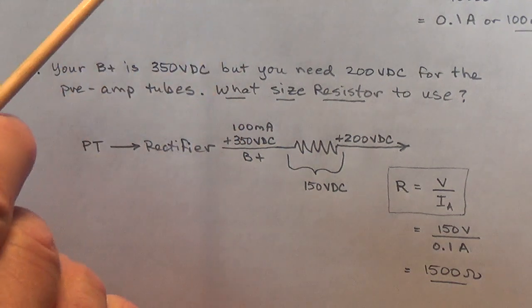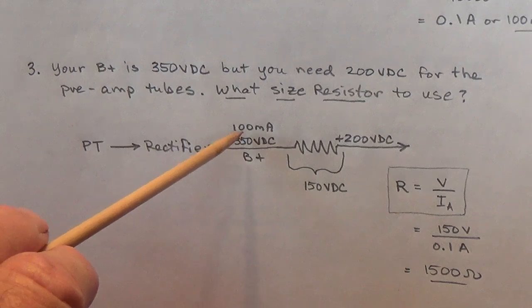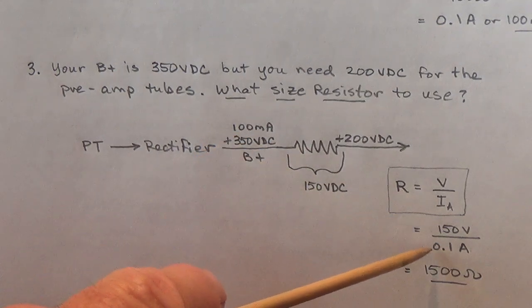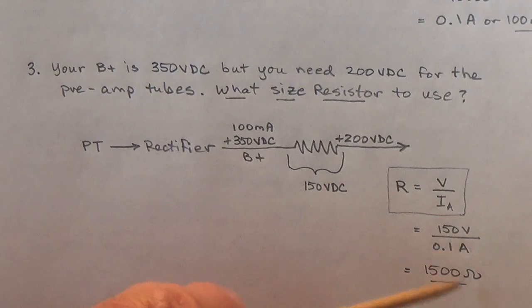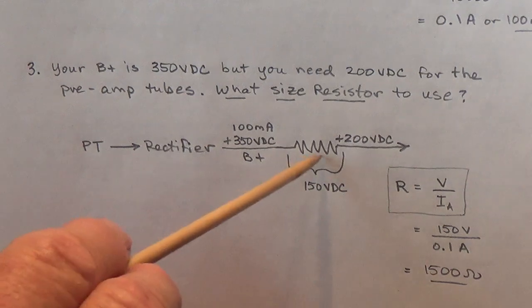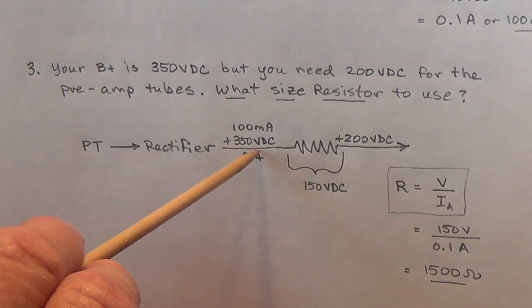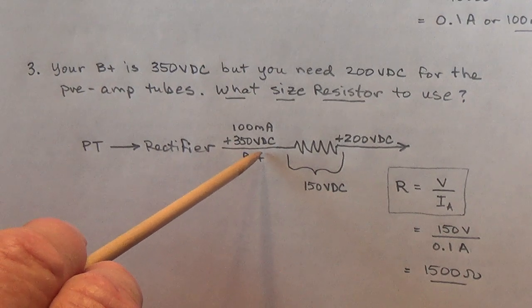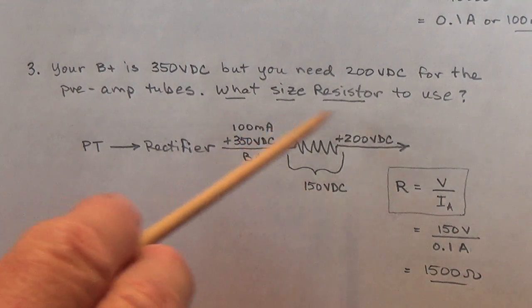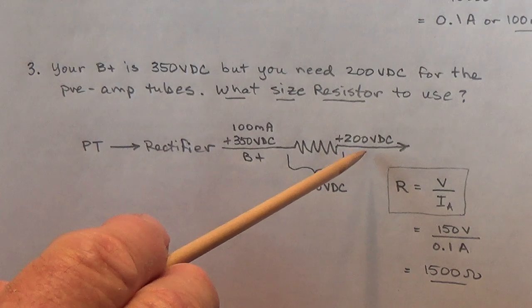Well, I used method number 2 and I found out that it was 100 milliamps. I plugged that in, and remember it has to be in amps, so it's 0.1 amp. I divide and I come up with 1500 ohms resistance here. That will change the 350 volt DC B+ into 200 volts DC for my preamp plates.